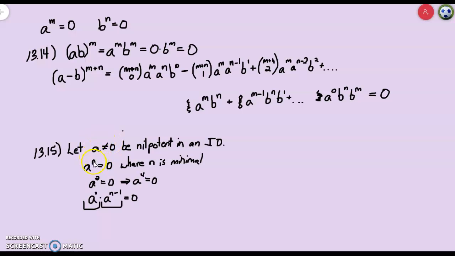If n were 2, this would be a to the 2 minus 1 times a equals 0, and still that would violate the rule of an integral domain that you couldn't have a zero divisor. So in any case, we found a zero divisor here, and that is a contradiction.